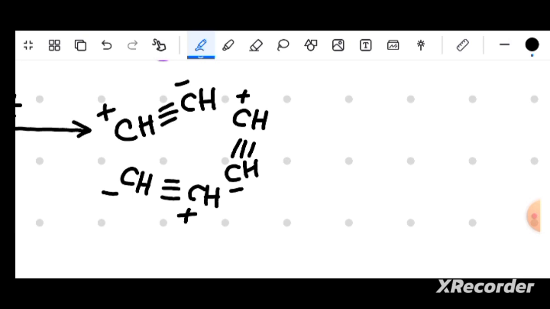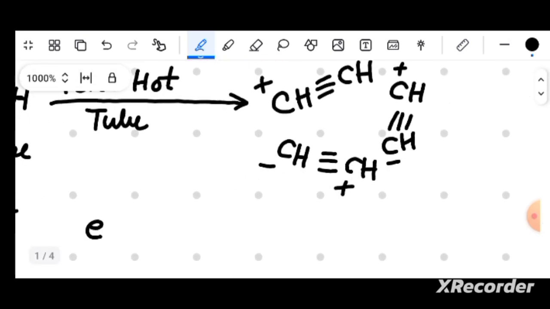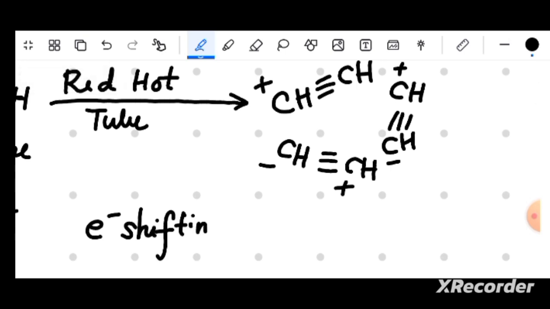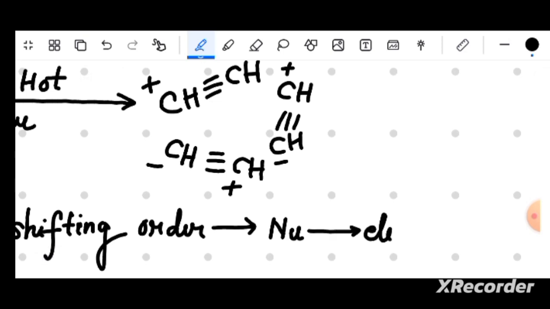And we know that the electron shifting order is from nucleophile to electrophile. Like this.